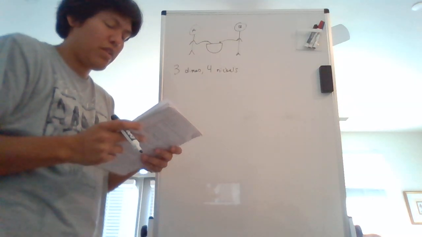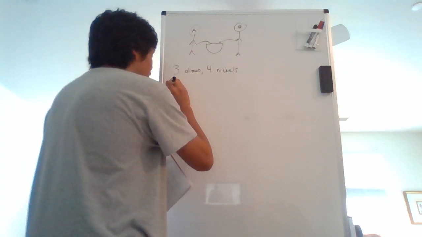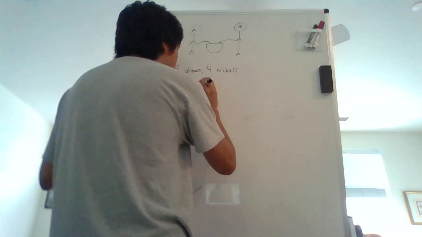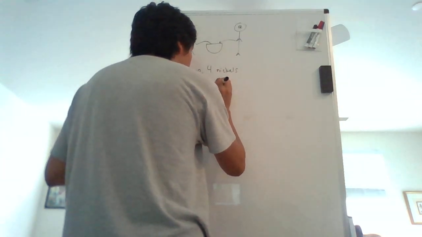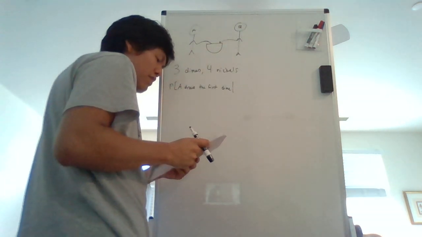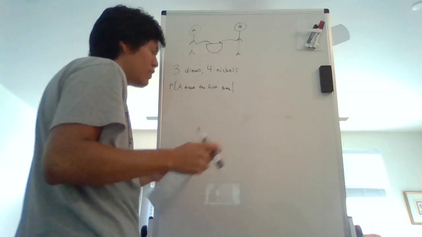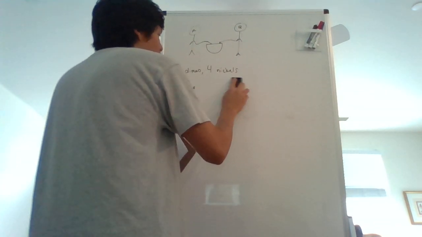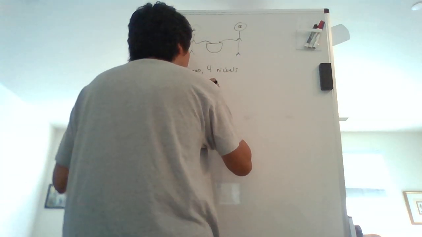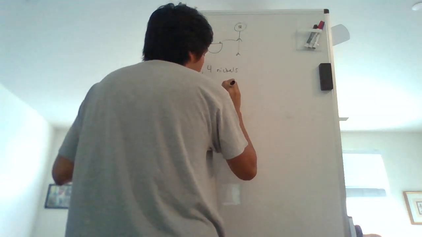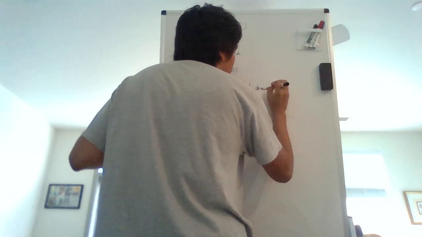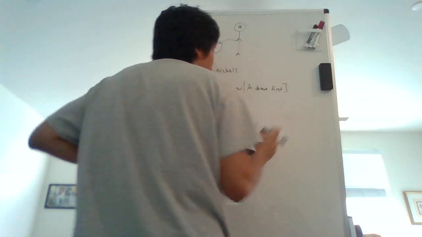Because we're solving for the probability that A draws the first dime, given A draws first.